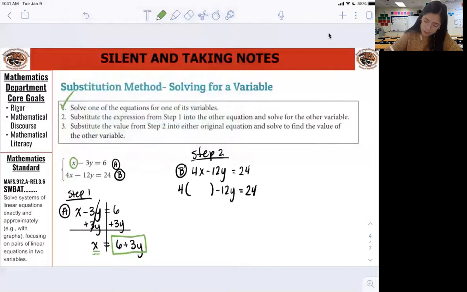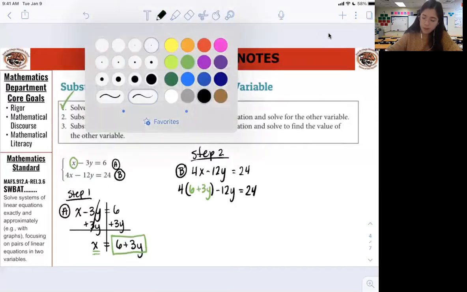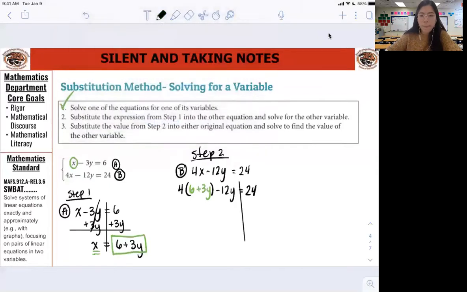I plug in 6 plus 3y. And from here, I need to solve for y. I need to try to figure out what is the value for y. So as usual, my first step is going to be to distribute. 4 times 6 is 24. 4 times 3 is 12y.